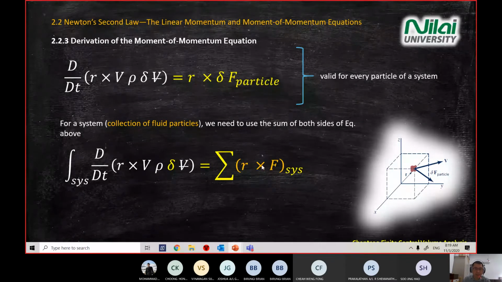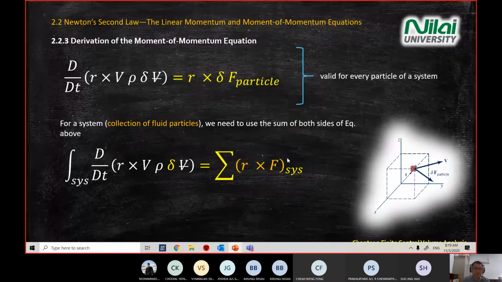The distance r cross force, we get a torque or moment in the system. This is just a mathematical interpretation. So the top one refers to the individual particles, and this one refers to the total, all the particles inside our control volume or inside our system.